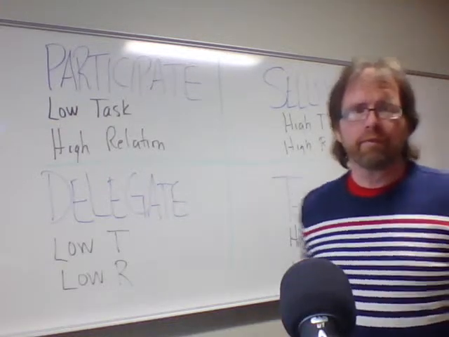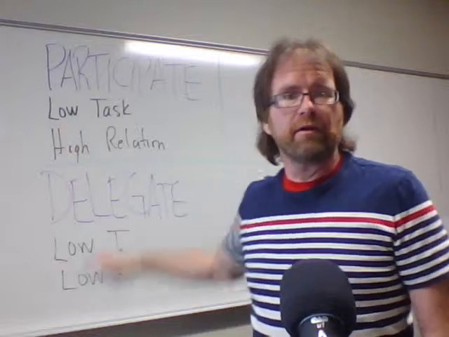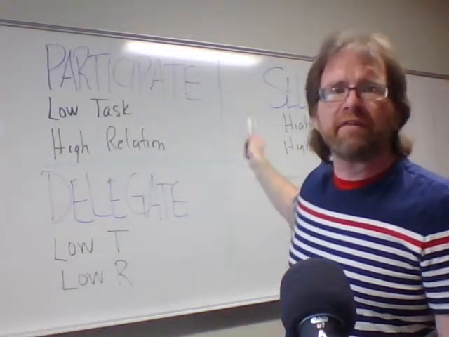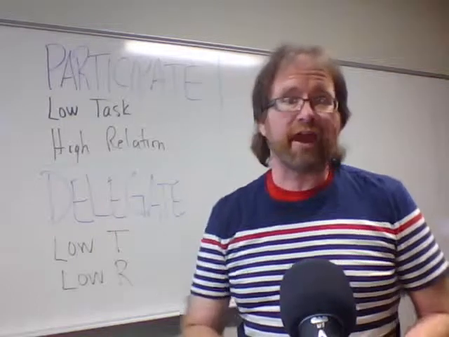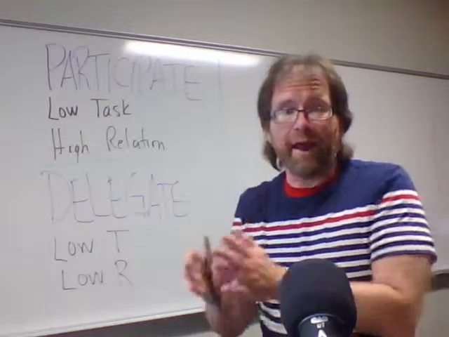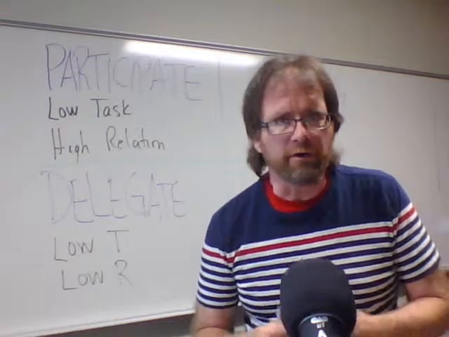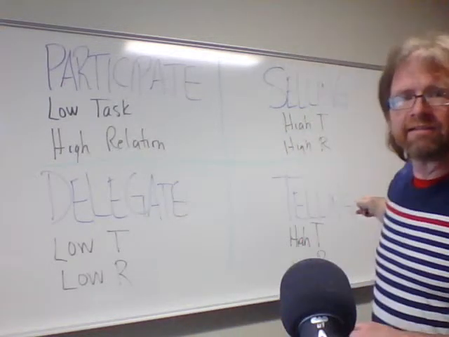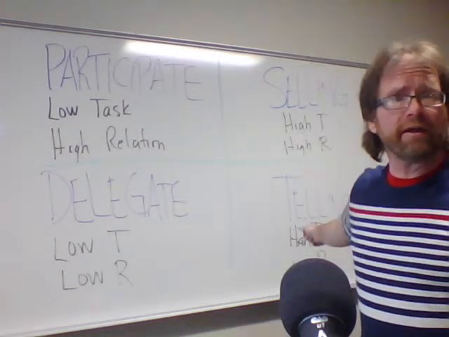Selling, high task, high relationship, to where you're convincing somebody that they need to take action on a specific plan. It's very hard to do that. And telling can be the easiest thing there is. It really is.